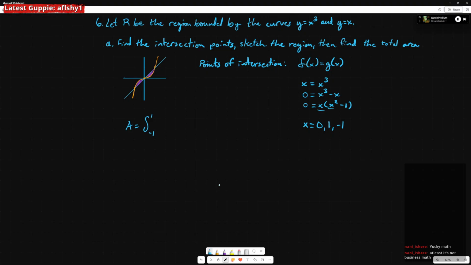And then we want just the area under the curve. So we have x, the larger function, at least in the positive region, is x minus x cubed.